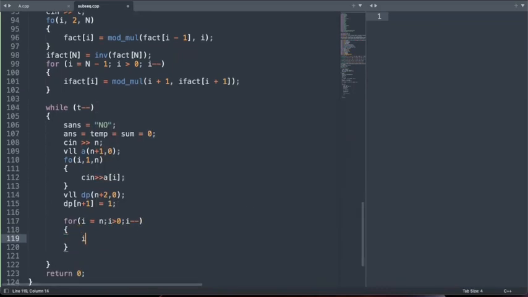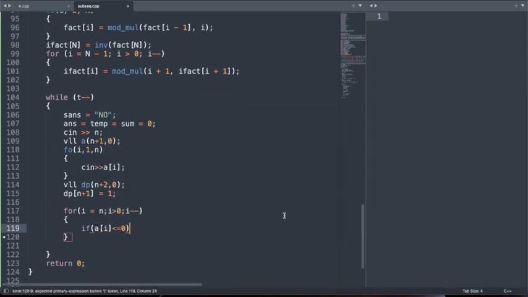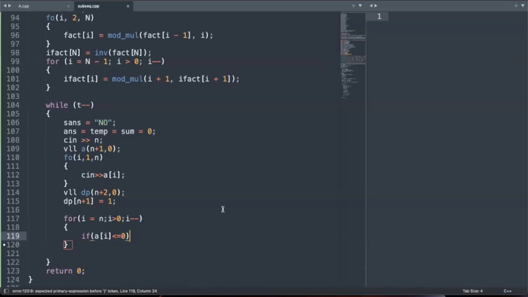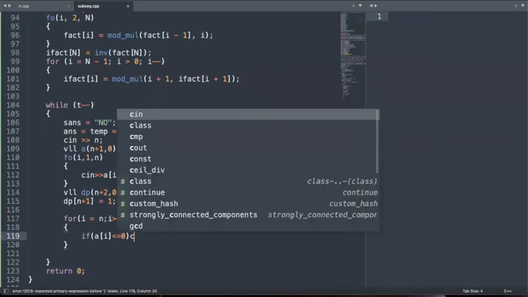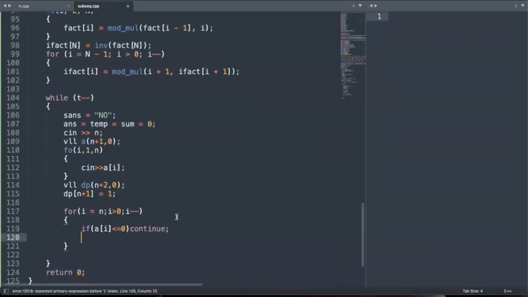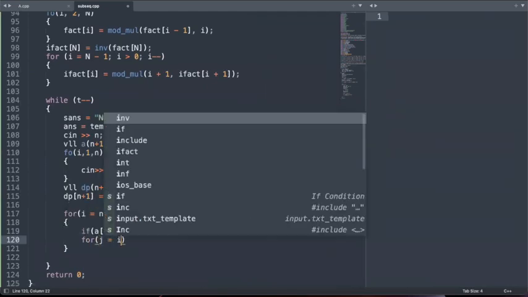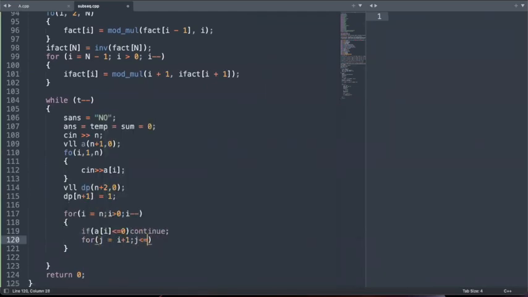And obviously, if a of i is less than or equal to 0, it doesn't make sense to start any subsequence at the ith position, because according to the definition of a good array, a1 should be strictly positive. So if this is the case, we will simply continue. Otherwise, we will iterate j from i plus 1 to n plus 1.